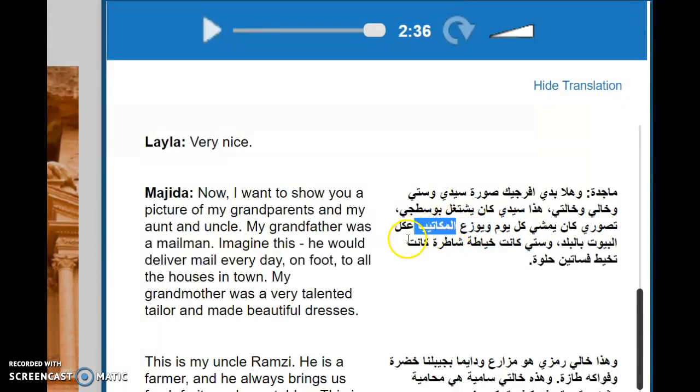This is a plural of the dialect word maktub. Usually maktub means written. In dialect it can mean letter, so the plural is makatib. عكل البيوت بالبلد. This is preposition 2. To every biyut is the plural of beit. All the houses in the city.